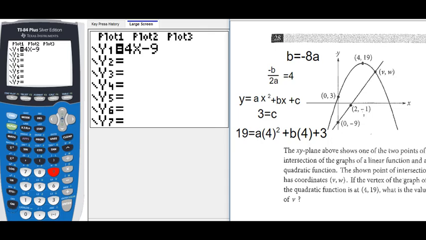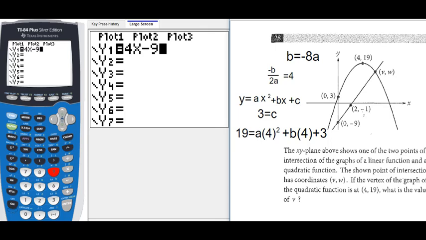I plug in 0, 3. So when x equals 0, y equals 3, we can get the c equals 3. Then I plug in 4, negative 19 into this function. You will get negative 19 equals a times 4 squared plus b times 4 plus 3.